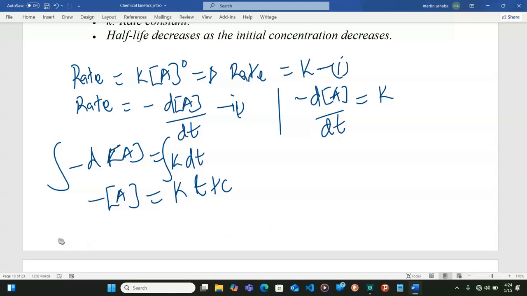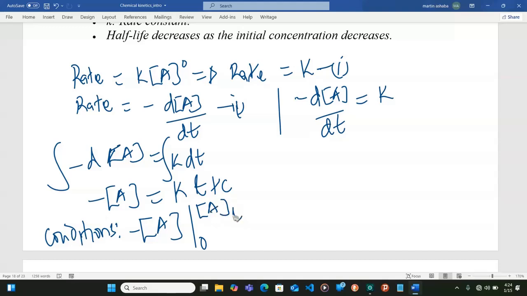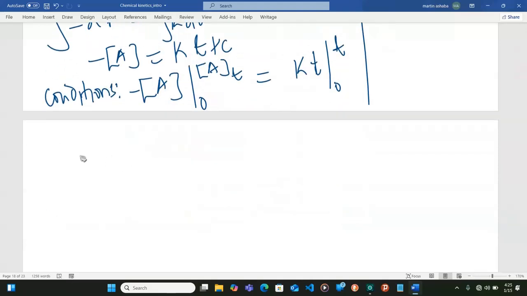Now let us consider conditions where we are integrating from 0 to a particular time t. Substituting in our limits, from 0 to t, this is going to give us negative [A]t, which is equal to kt.